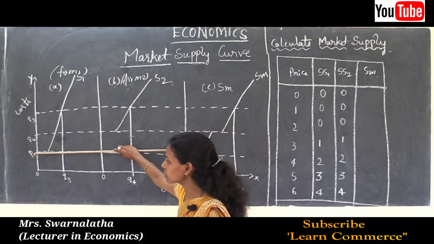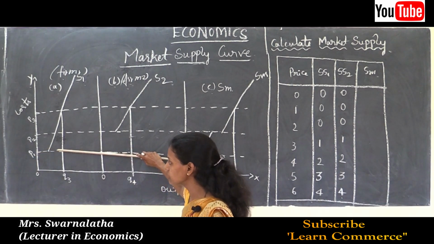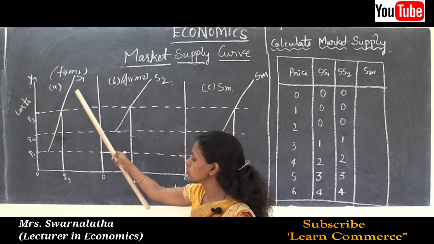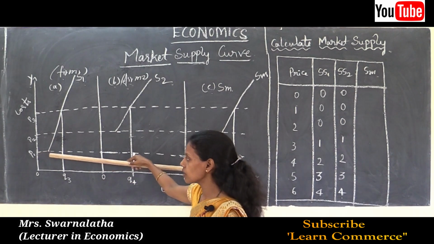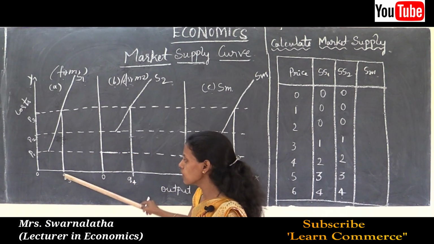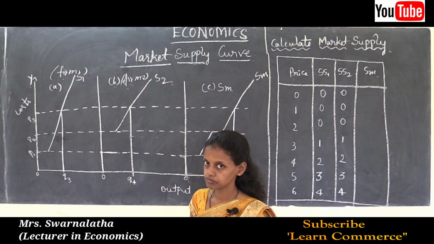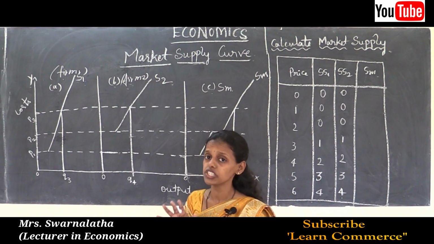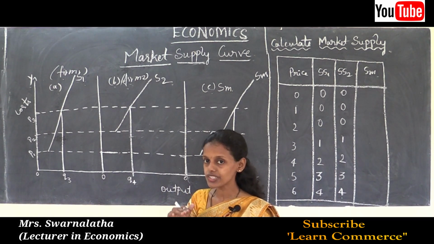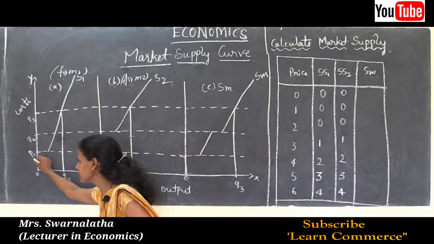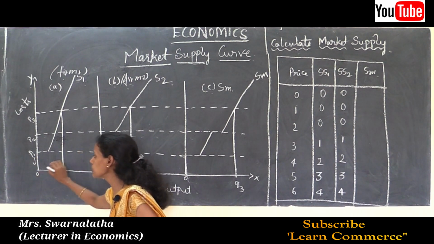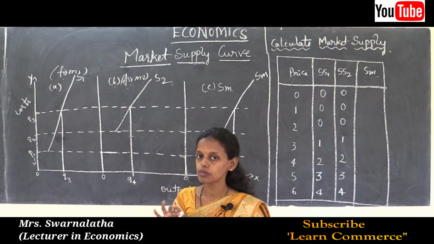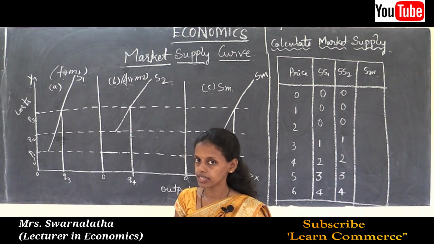Here, when the cost structure is P1, firm 1 is producing OQ3 level of output at the P1 price level. If the price falls below P1, the firm is unable to produce goods and supply them to the market.